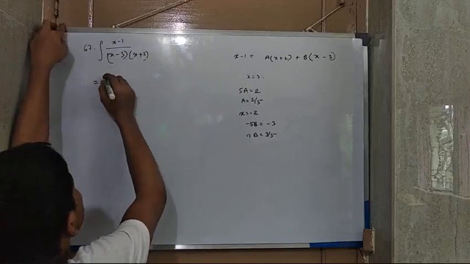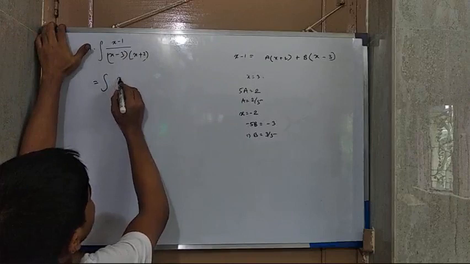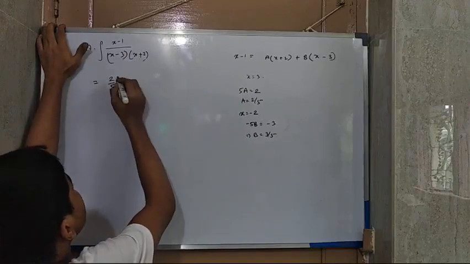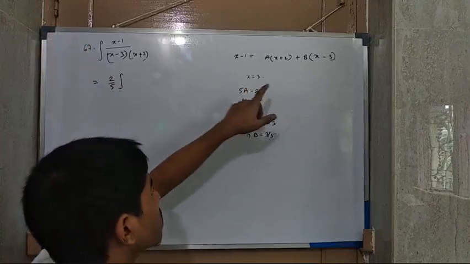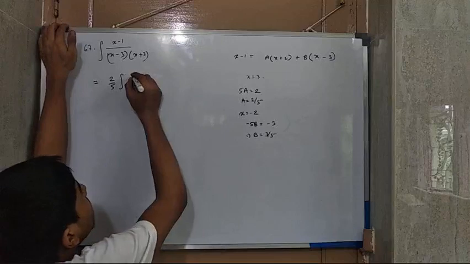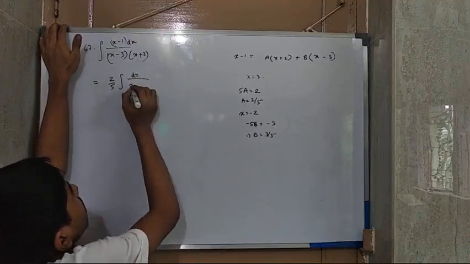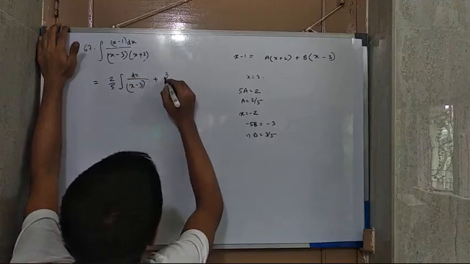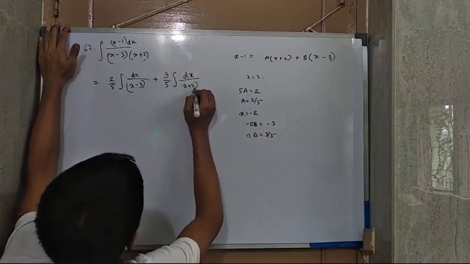So this is actually 2/5 integral of dx by x minus 3 plus 3/5 integral of dx by x plus 2.